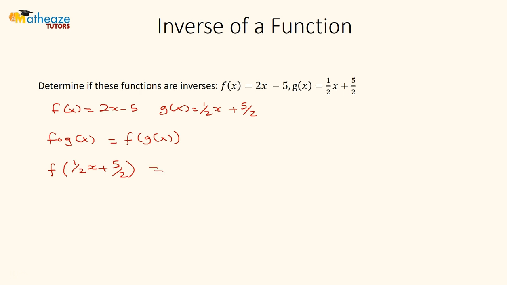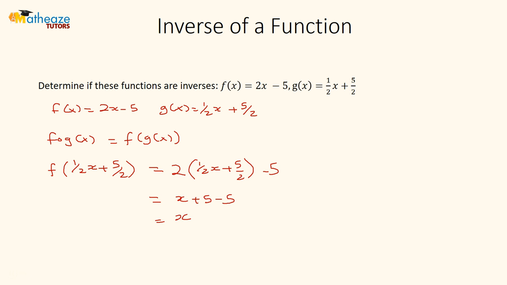Okay, so this is equal to 2 multiplied by 1/2 x plus 5 over 2, and then minus 5. So this is going to give us x plus 5 minus 5, which is equal to x.